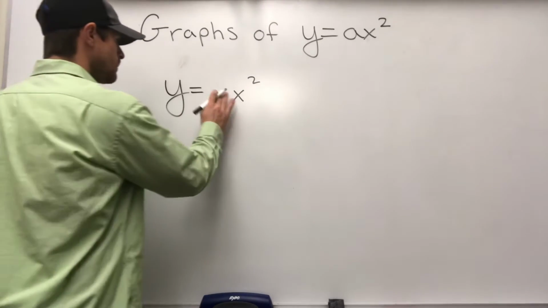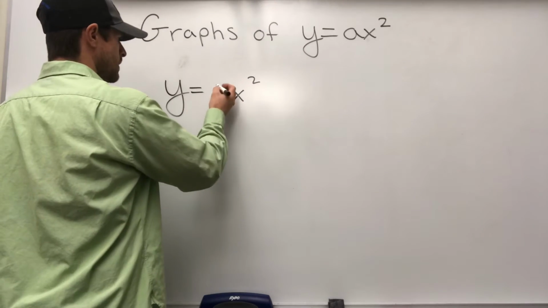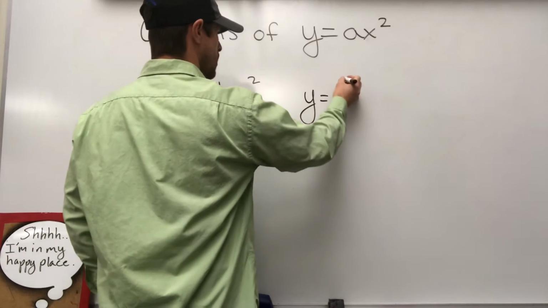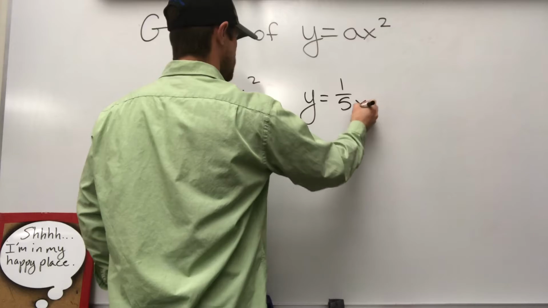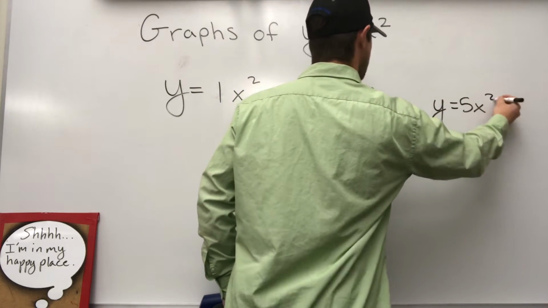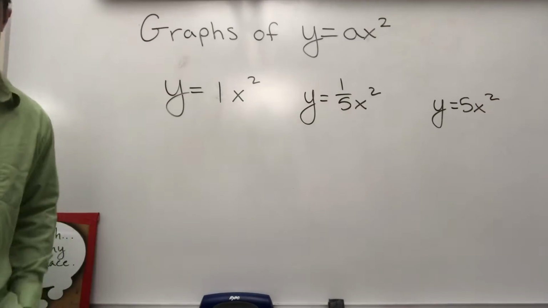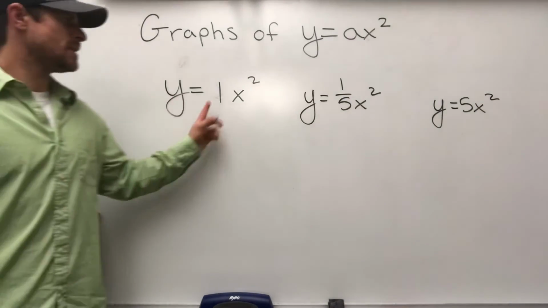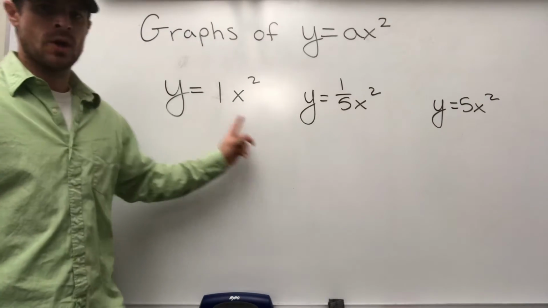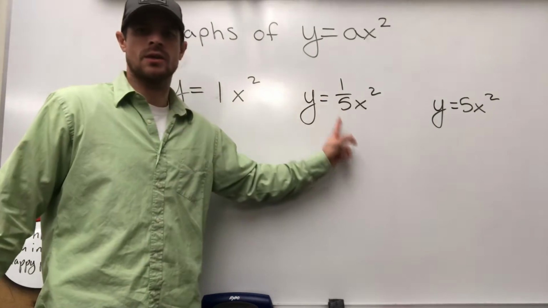So let's start with y equals 1x. We'll then go to y equals 1/5 x, and then we'll do y equals 5x. So you have 3 examples, okay? Out of these 3 coefficients, 5, 1/5, and 1, 1/5 holds the smallest value.